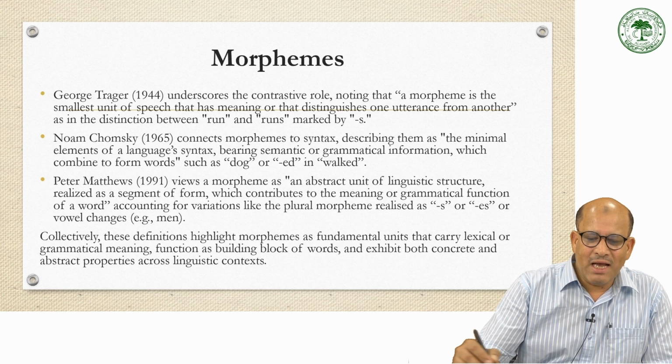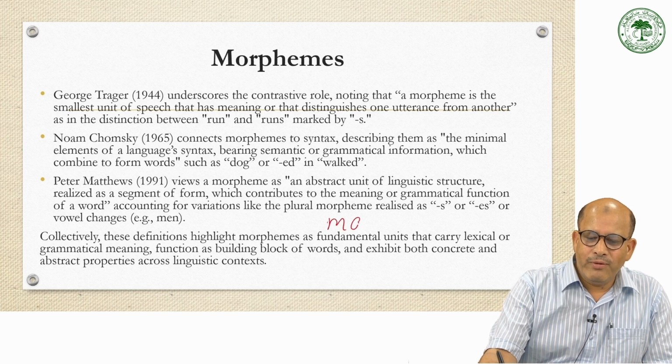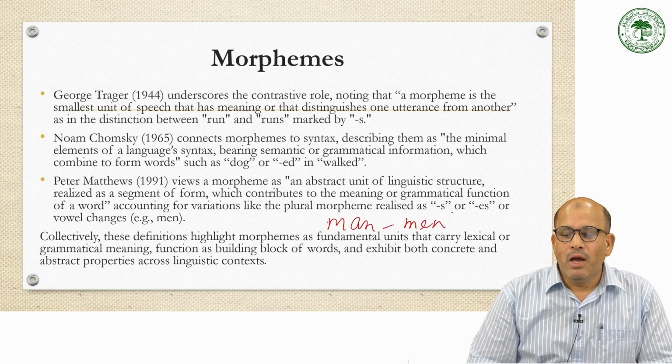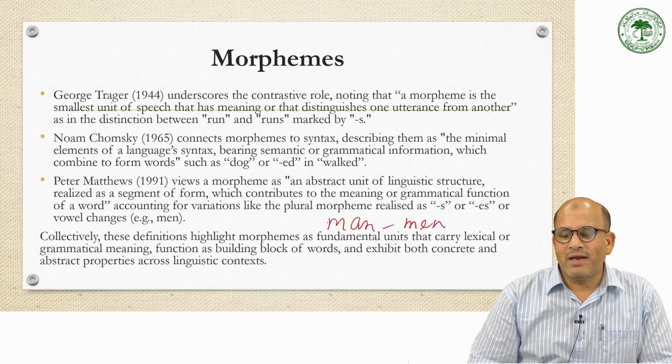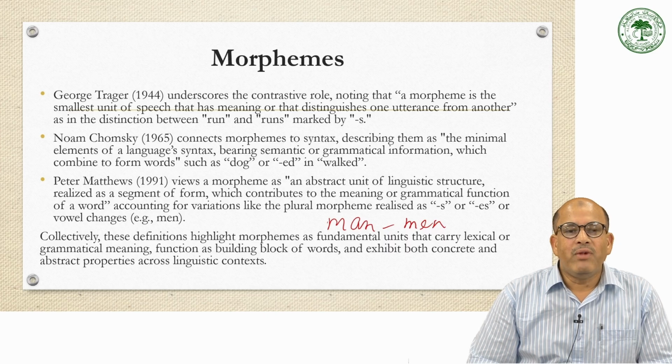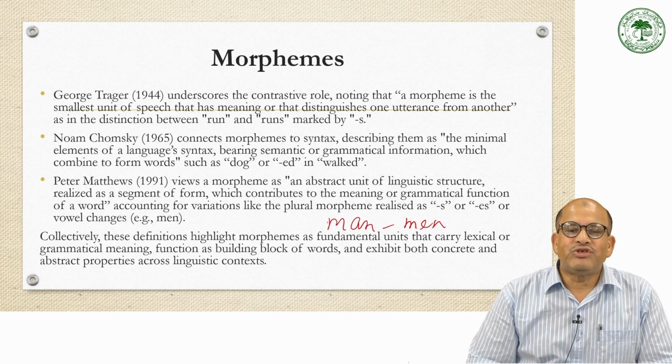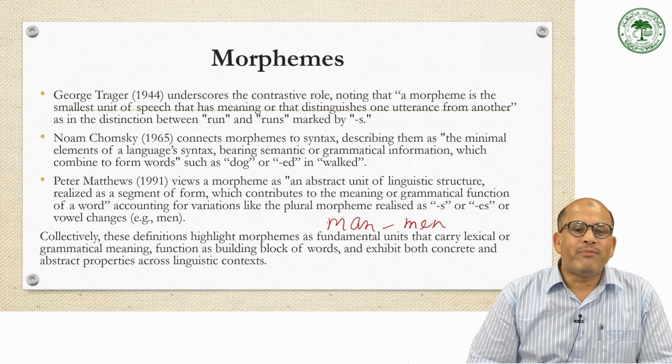So they have the example of man that becomes men in plural formation, whereas the other plural markers are s or es, and these are called plural morphemes, and they have a grammatical function. Grammatical function means it is showing the plurality of that particular word or morpheme.